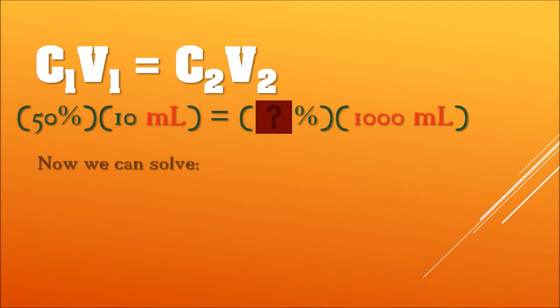So now we can solve this. Now that we have the milliliters matching, now we can solve this. So we have 50% times 10 milliliters equals, we don't know, percent, times 1,000 milliliters.